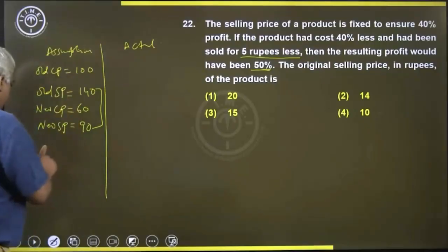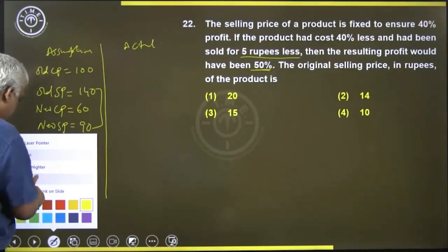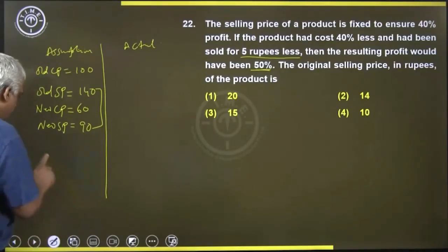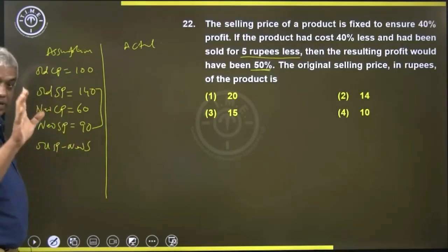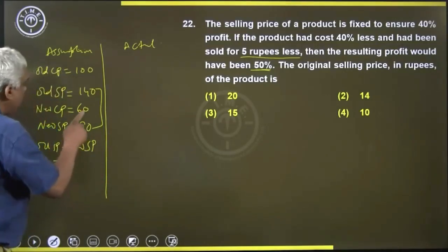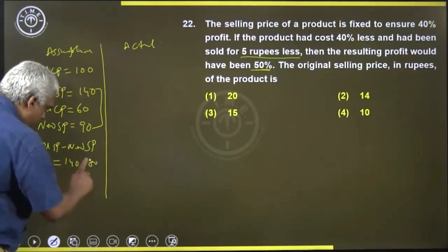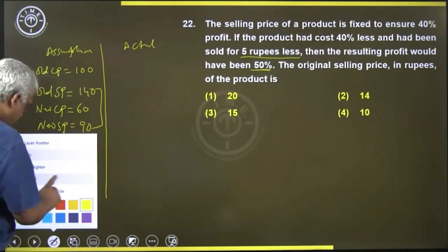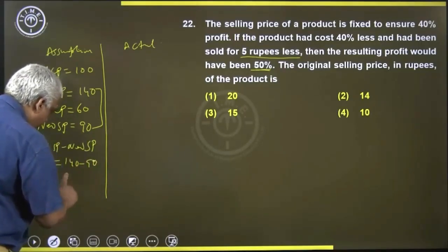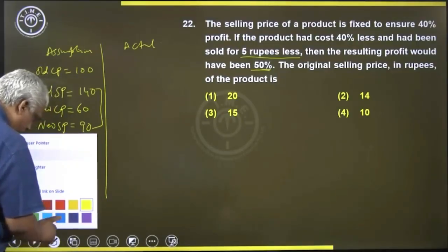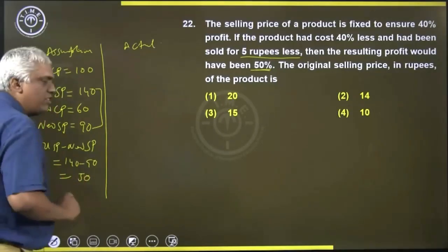So the old SP minus the new SP is 140 minus 90, this is 50. So the difference is 50.